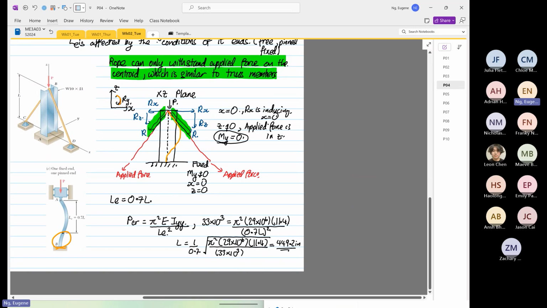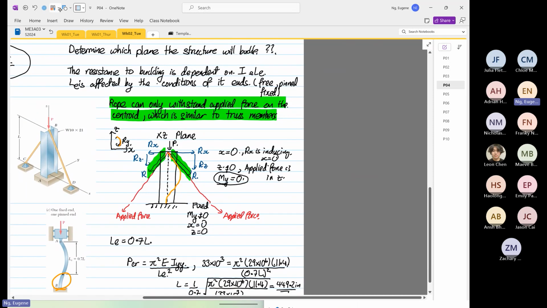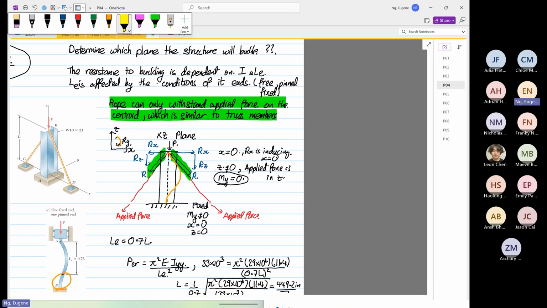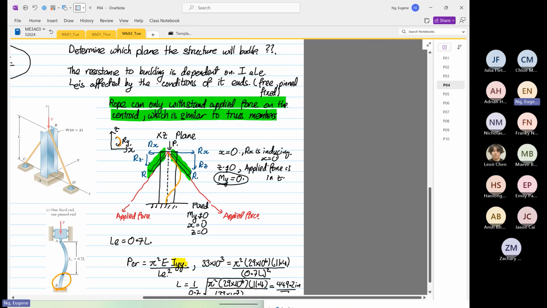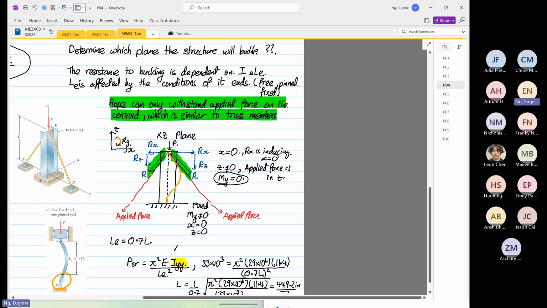So what is the characteristic about the xz plane is that we realize that the second moment of area is Iyy. I think a good thing to remember is this: if the plane you analyze is the XZ plane, the second moment of area is neither X nor Z, but is what?